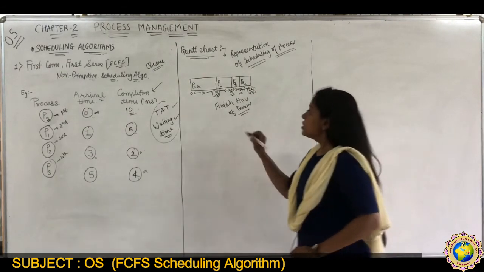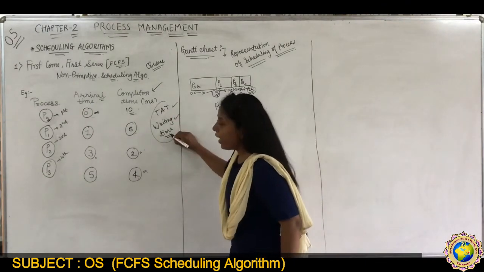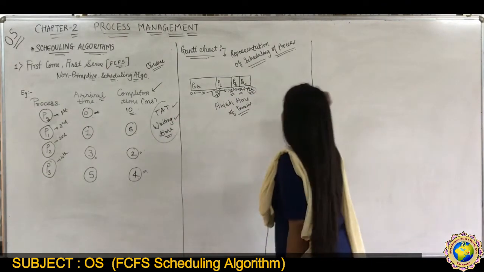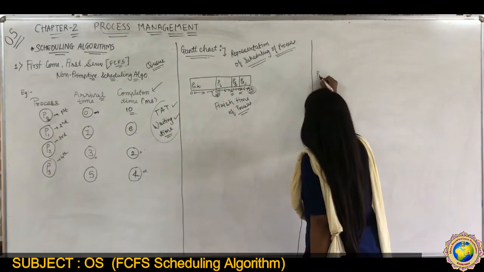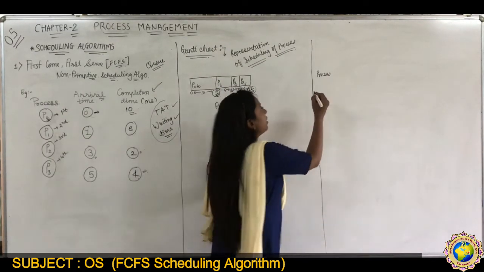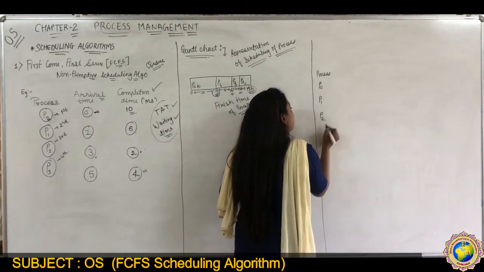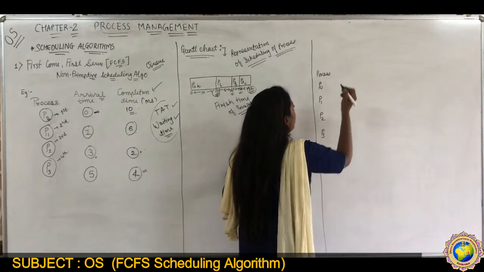Now what do we have to find out? The turnaround time and waiting time. Here are processes P0, P1, P2 and P3.